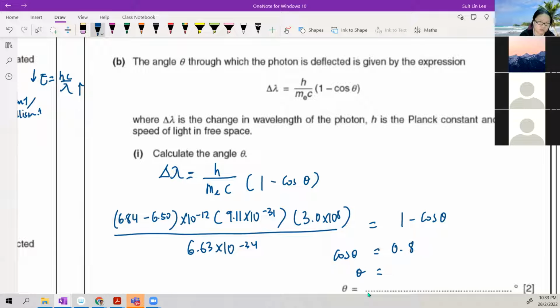Written to 3SF is 0.860. And now cos inverse the answer. It will be 30.7. So the angle of deflection is around 31 degrees. Let's use the equation.